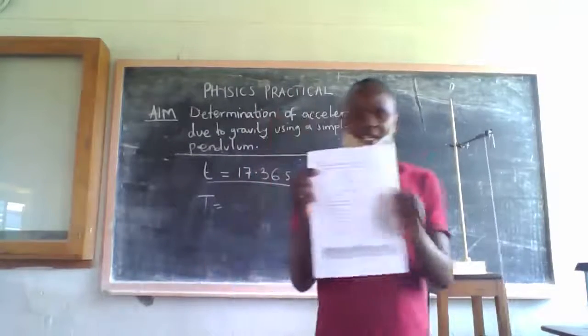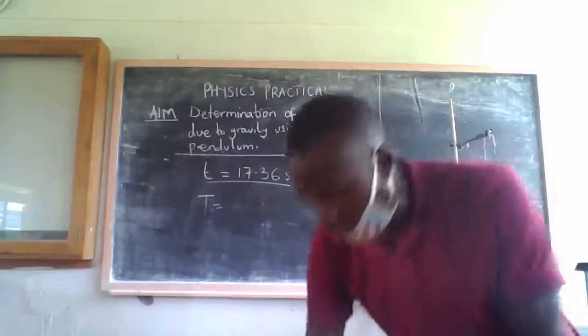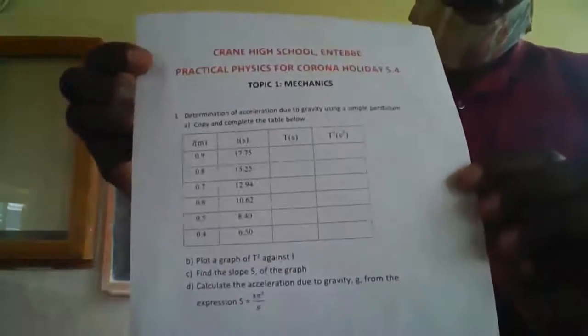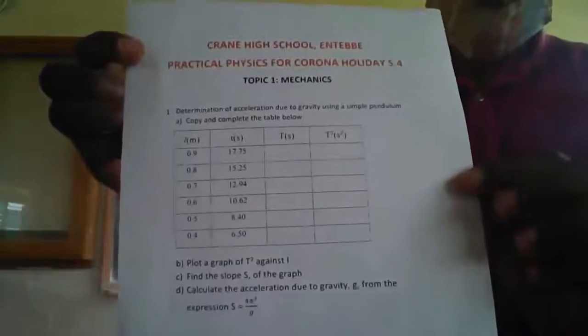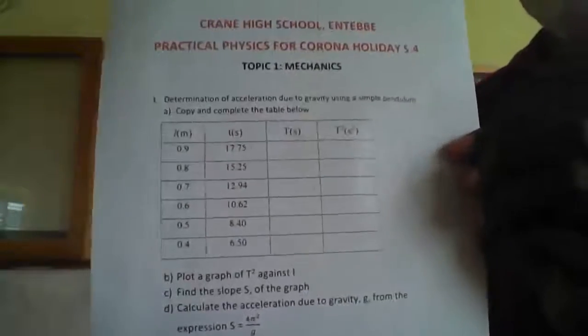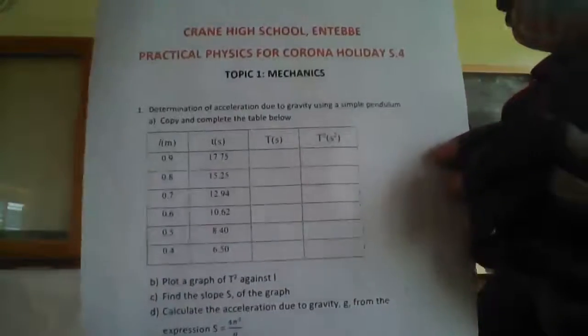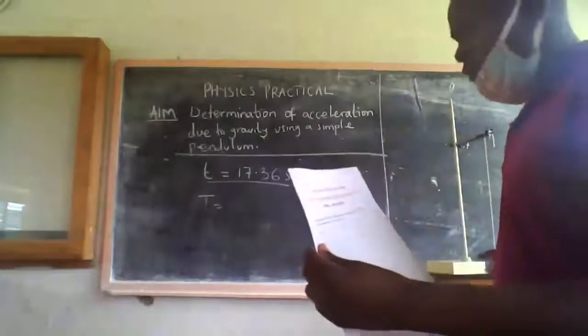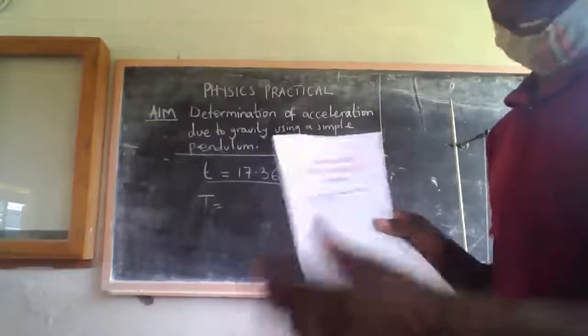So we shall need to have a table of results, which shall be in this format. This table has column L, column small t, capital T, and then T squared. We shall fill the column t by taking the time taken for the 10 oscillations.